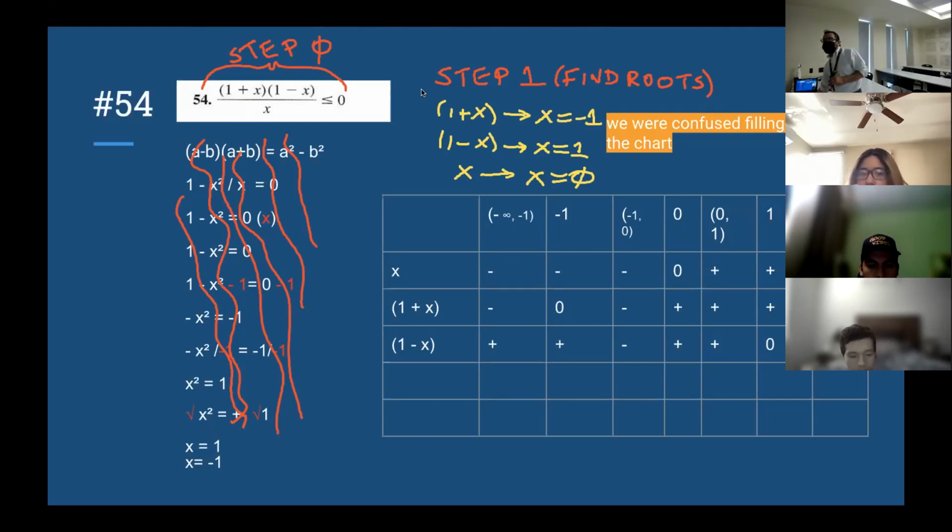Now, what I did notice is that you guys started filling out the sign chart correctly. But before we do that, Anna, do you remember what was step 2? I'm sorry, I jumped one. Do you remember what was step 2?